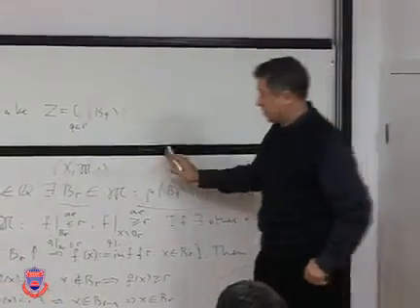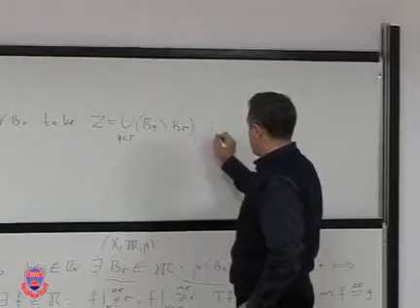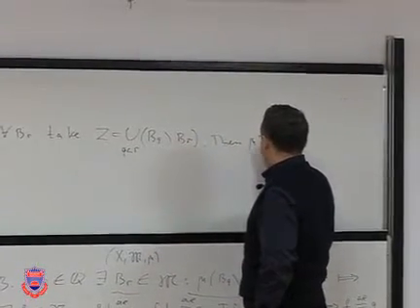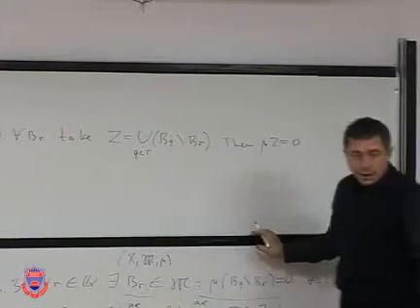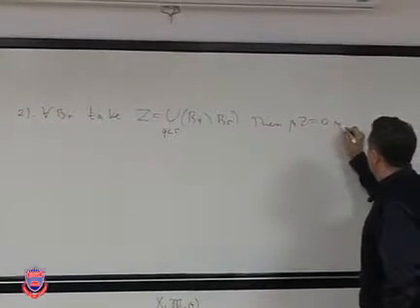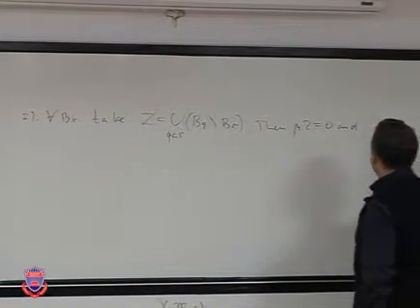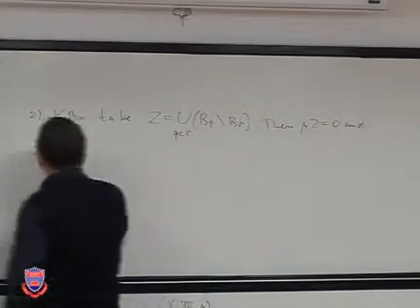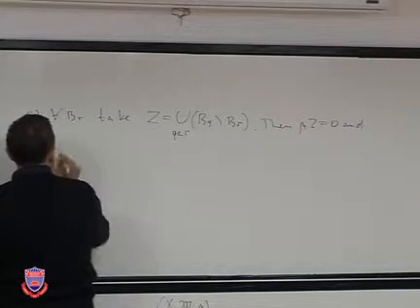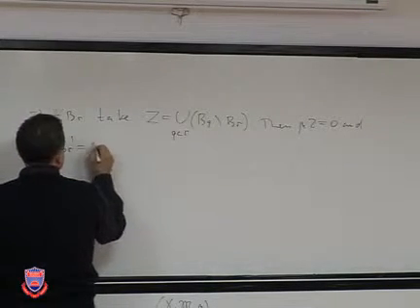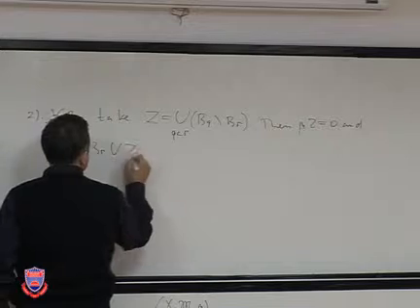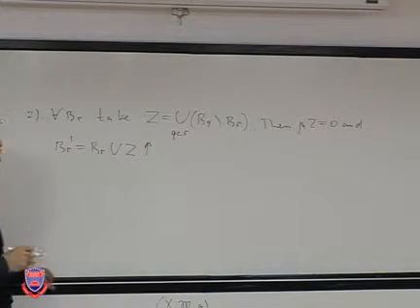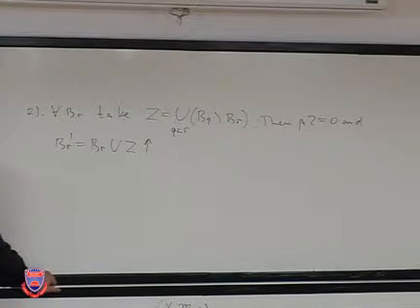Since the union is countable, the measure of Z is clearly 0. And we have that B_r prime, which is B_r union Z, is increasing. It's easy to check.